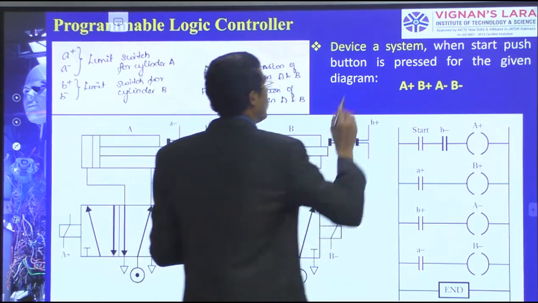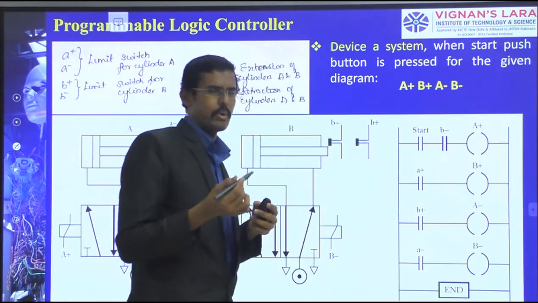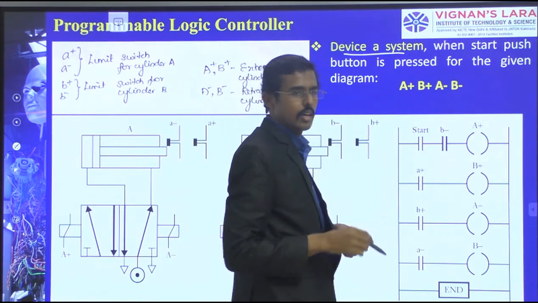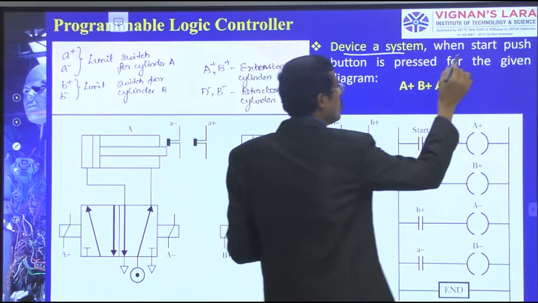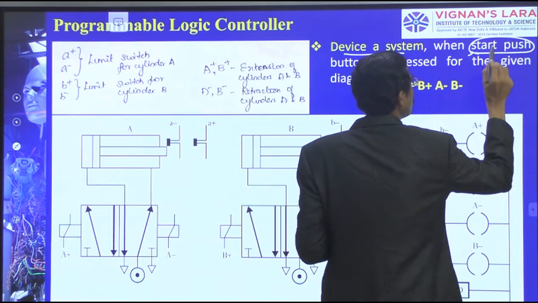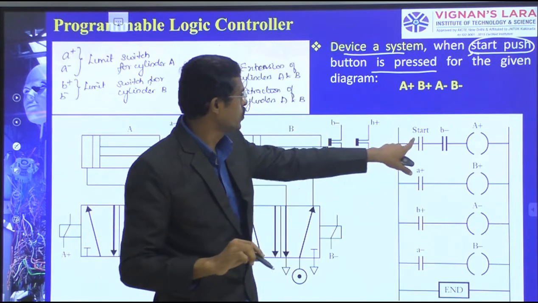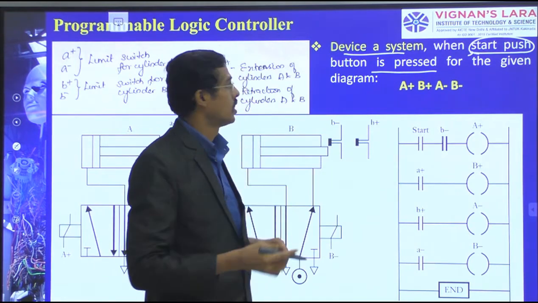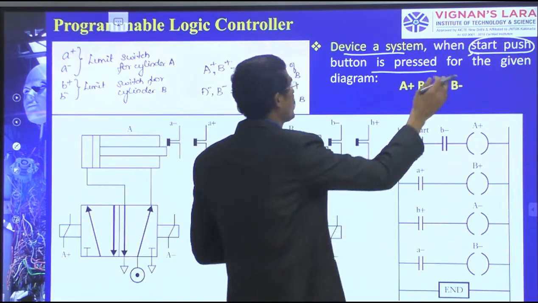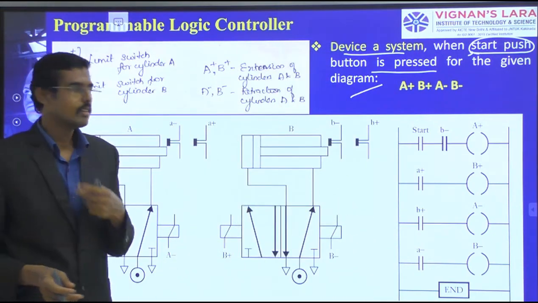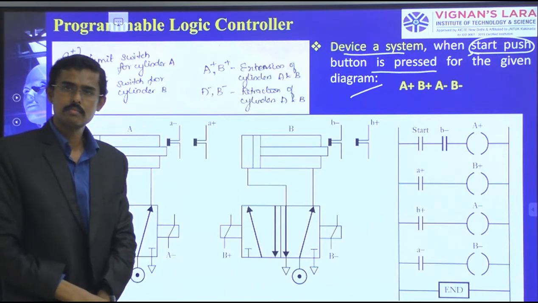Here, I want to show another process. Devise a system in the PLC. When the start push button is pressed, it is started. As given by the diagram, you see, I have taken 2-cylinder actions.